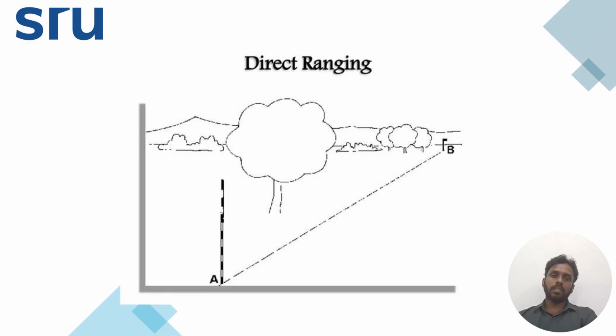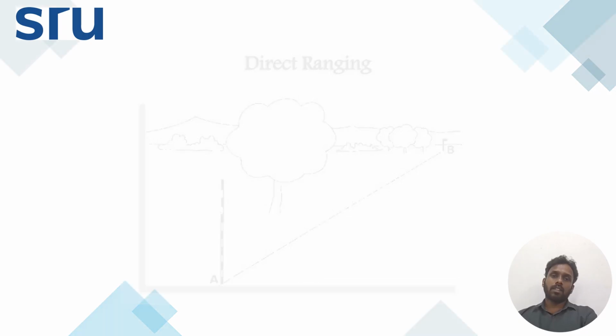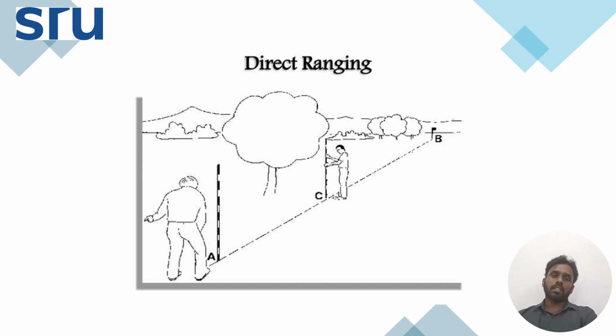So here you can see this is point A and point B. They are going to align this in the survey line to fix the intermediate points. The surveyor at point A will be holding a ranging rod, and point B is fixed with a ranging rod. He asks a person in between to fix a ranging rod at point C, aligning it in a straight line.